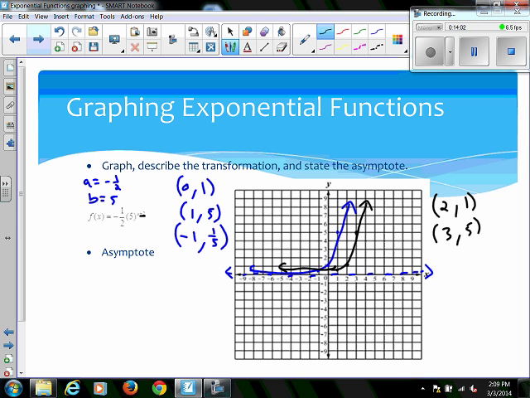Now, what do we do with this A? We take it, multiply it by just my y-coordinate. So 1 times negative 1/2. X-coordinate stays the same. So 5 times negative 0.5, negative 2.5.